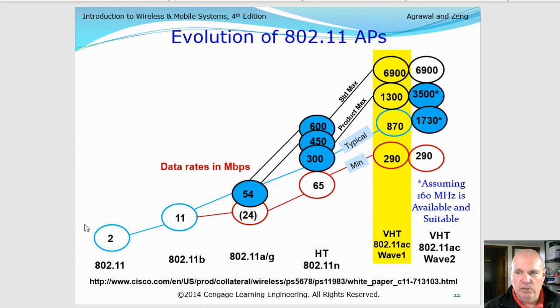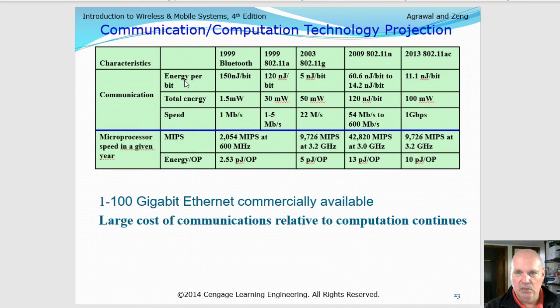This slide just shows the increase in data rates from the original 802.11, and the ellipses show the corresponding data rates in megabits per second, going from 2 megabits per second up to almost 7 gigabits per second with the latest AC standards.